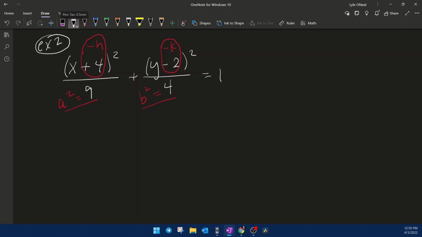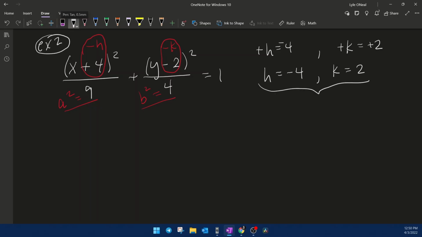So, making a list of what we have, we know that negative h is 4. Changing the signs on both sides would give us h is negative 4. We can also see that negative k is negative 2. Changing the signs on both sides would indicate that k is positive 2.